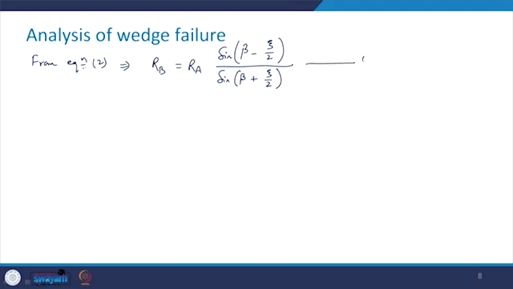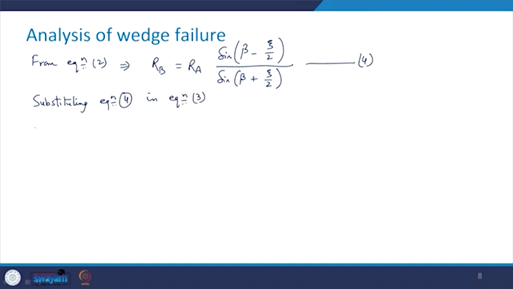Write it as equation number 4. Now what we do is we substitute this equation 4 in our equation number 3.